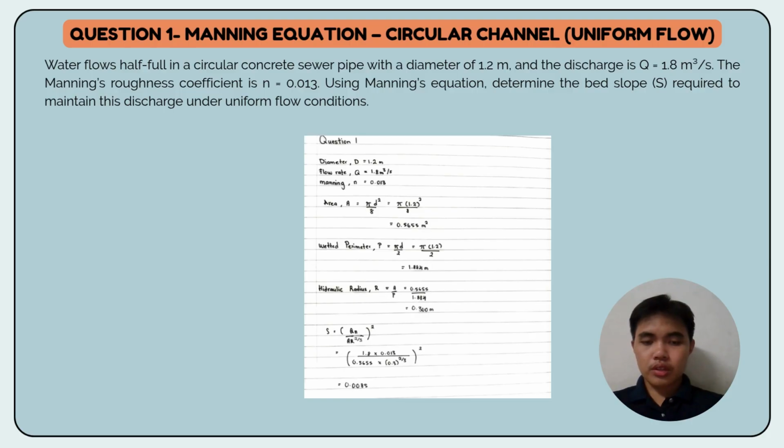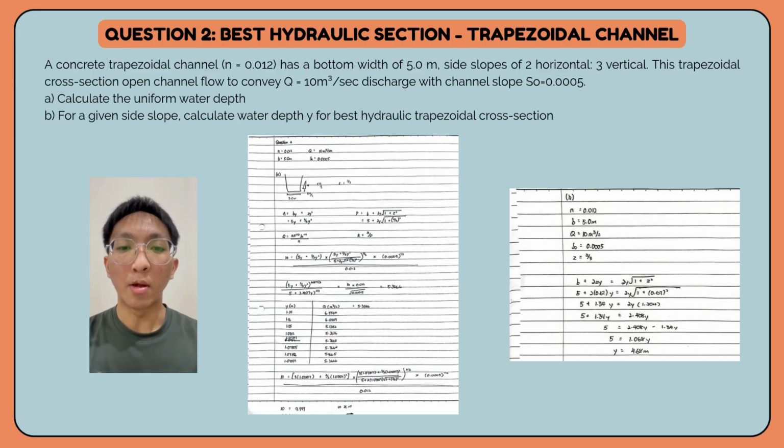And then we calculate the slope: 1.8 times 0.013 over 0.5655 times 0.3 to the power of 2 over 3, all to the power of 2, and we get the final answer of 0.0085.